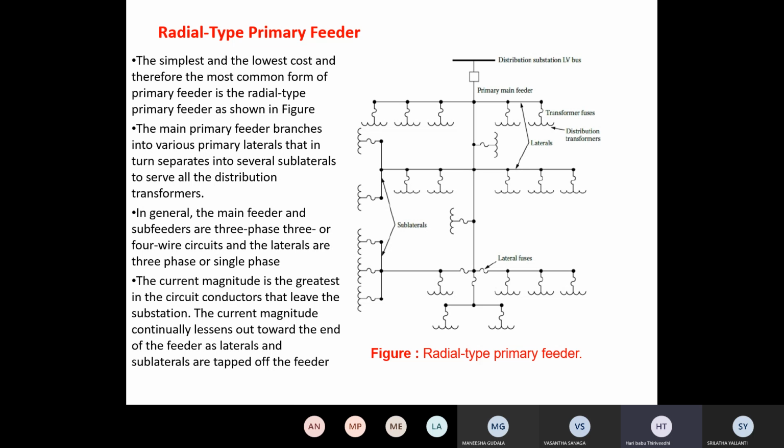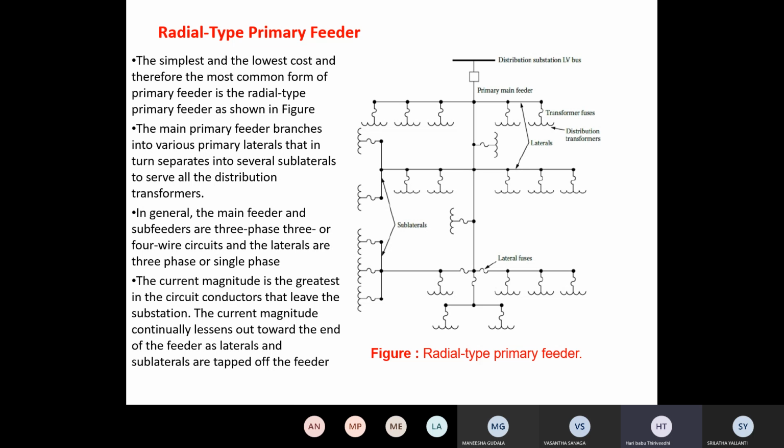A fault occurring at any location on the radial primary feeder may cause a power shutdown or outage for every consumer on that particular feeder. Only when the fault is isolated will the power again be provided to the consumers. So the disadvantage is that continuity of power supply and reliability are less for the radial type primary feeder.